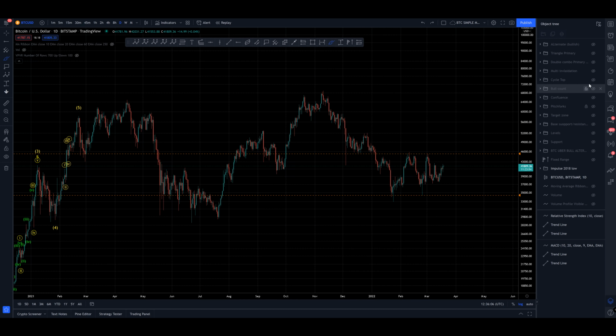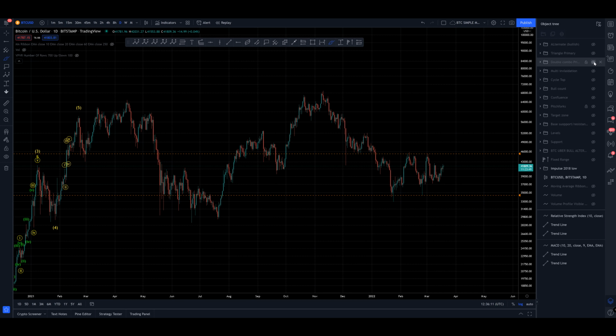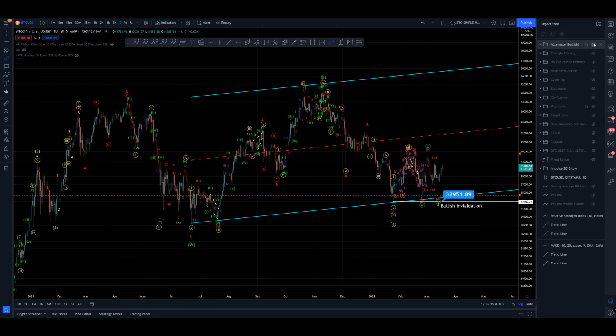But in the meantime, I'm thinking primary triangle or primary double combo, alternate bullish count, but I'm struggling trying to get it to work.